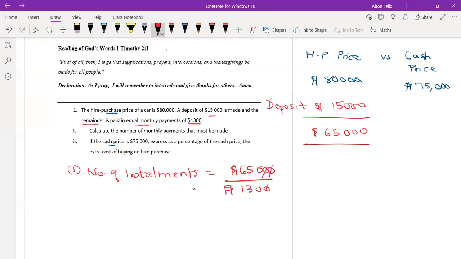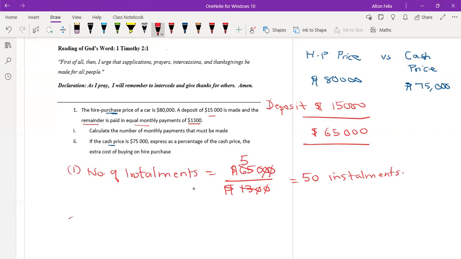So 65 can be divided by 13, 5 times. So in this case, we're going to make 50 installment payments, right? That's the amount of monthly installments, right? 50.